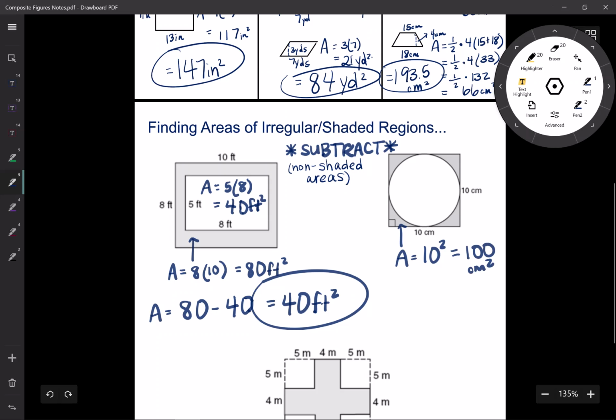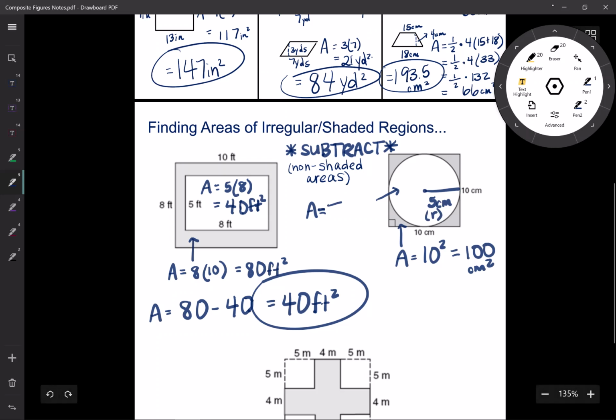And then for the circle, even though it's not labeled, if you think about the center of the circle to the edge, if the full length across is 10, then I just get half of that. This is 5 centimeters. Okay, so that means the area of the circle, this is my radius, right? It's from the center to the edge.